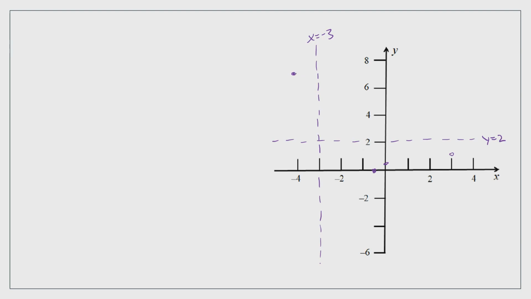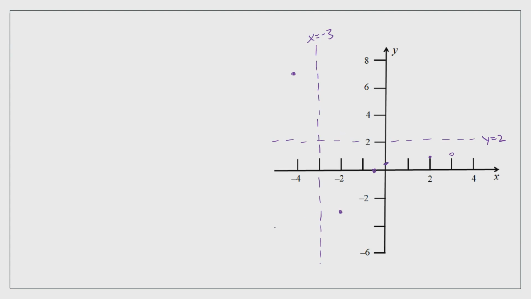We have -2, -3. We have 2, 1. And we have 7, 1.5. And 7 is way off of our board, so we're unable to plot that point.